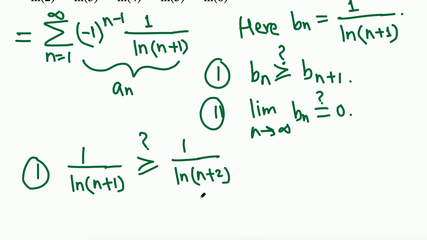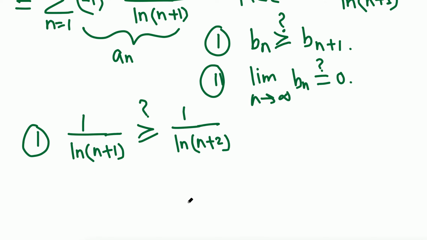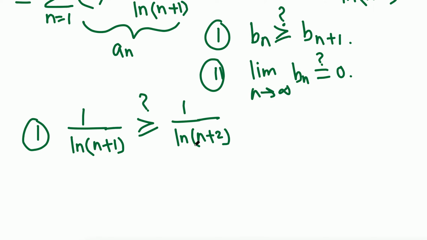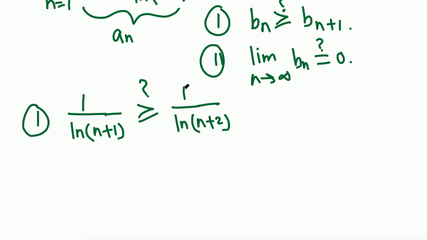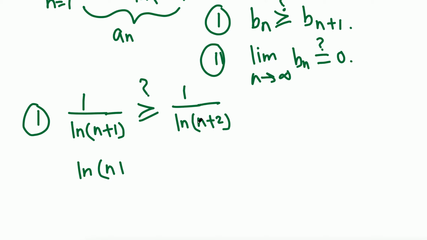If this is true, this is true if and only if we cross multiply, maybe this one first, ln of n plus 2 is bigger than or equal to ln of n plus 1, or we could have written this as less than or equal to this.